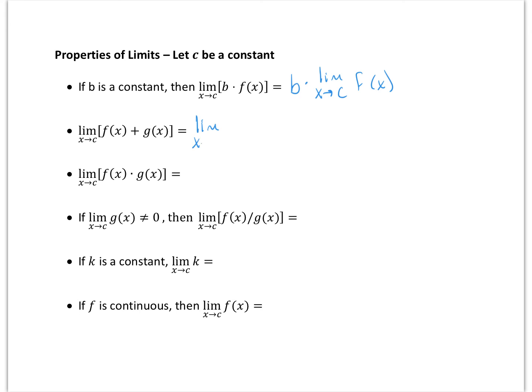So we can do the limit as x approaches c of f of x plus the limit as x approaches c of g of x. That's also true for subtraction. It's also true for multiplication.